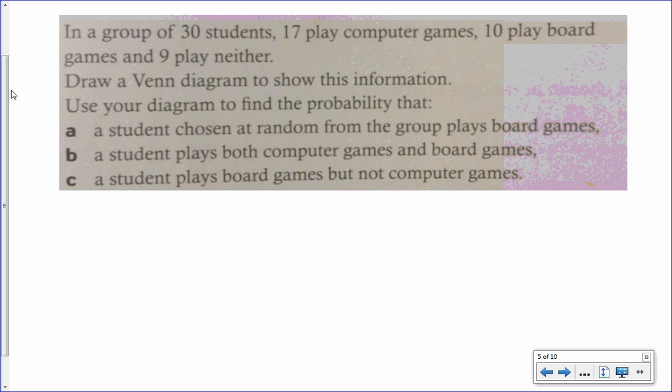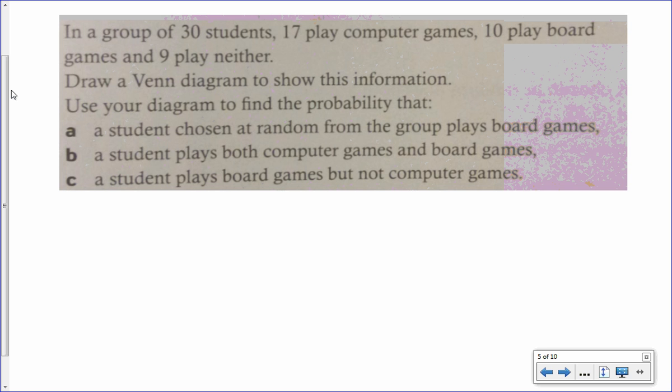It doesn't say that 17 people play computer games, but not both. It just says 17 play computer games. That means in the entire circle of C, there are 17 people. So in this region out here, it is 17 minus the intersection region of X, and I don't know what that X is yet. In the board game circle, there are 10 people all together. So in this region, outside of the intersection, I have to write 10 minus X.